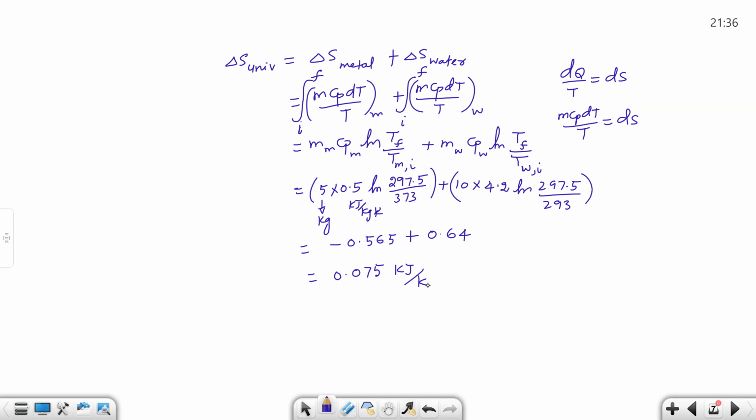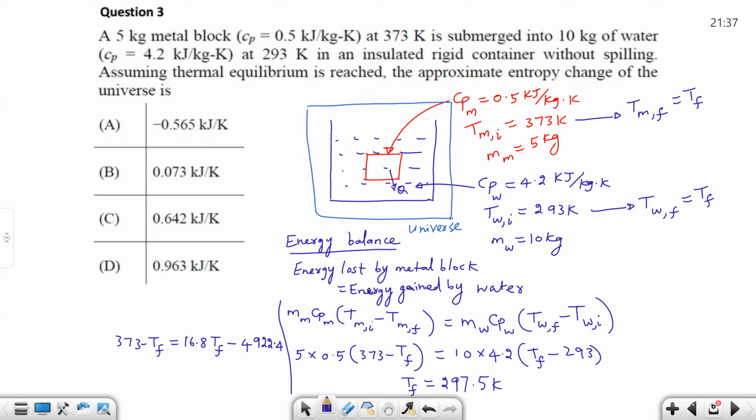So this will be your answer. Okay, so maybe the nearest answer will be 0.073. So that is what you are getting nearest.